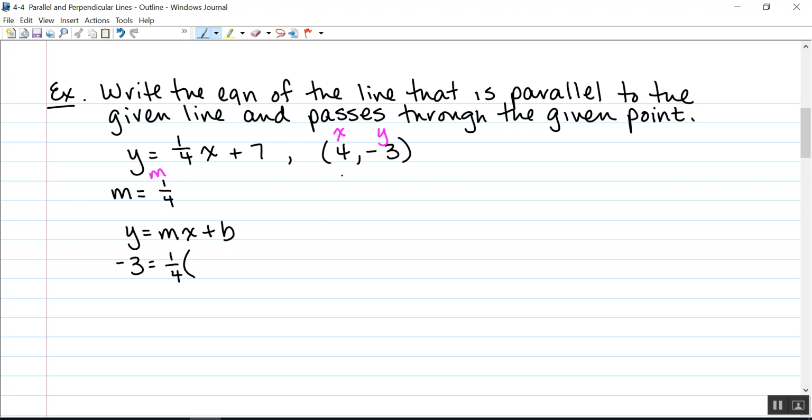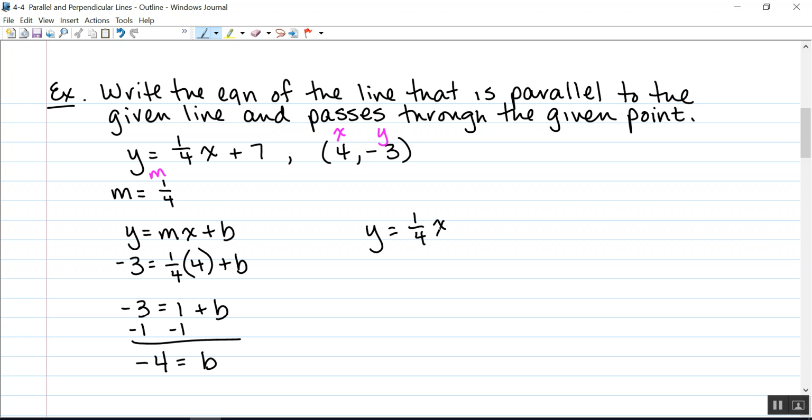I know that the x of a point on the line is 4, and what I'm looking for is b. So let's solve that for b. So -3 equals 1 plus b, and subtracting 1 on each side, my b is -4. So the line that I'm looking for is y equals 1/4 x minus 4.